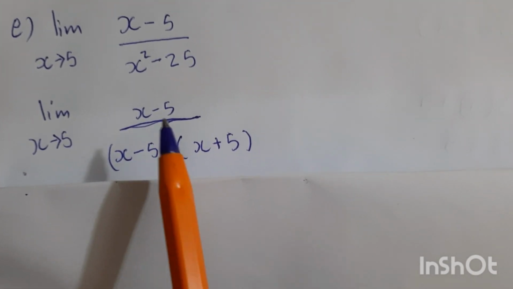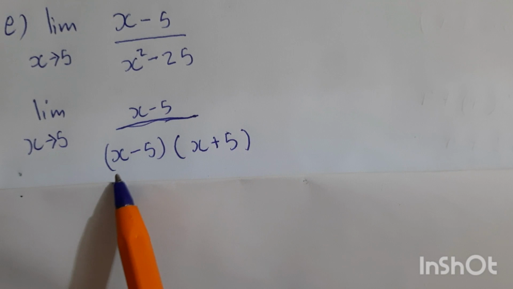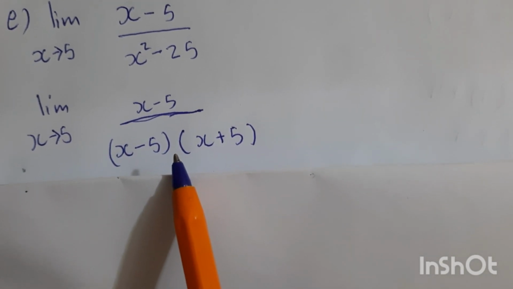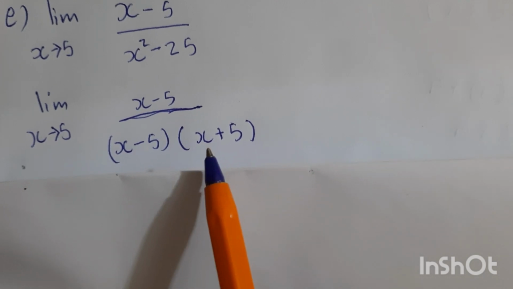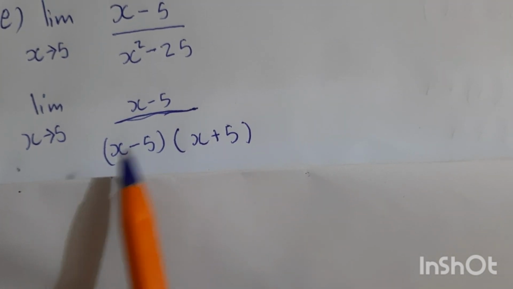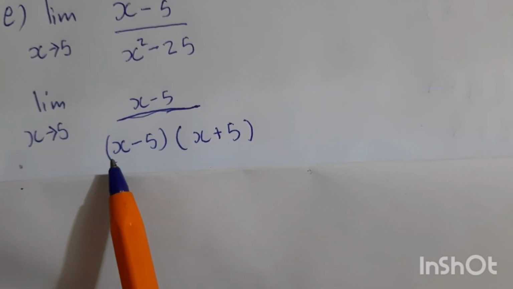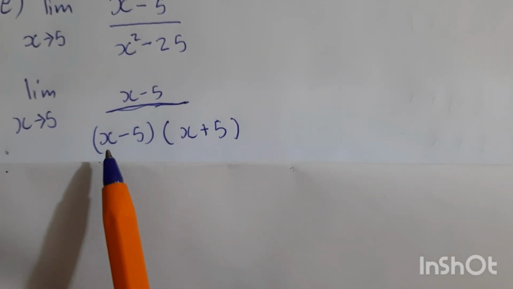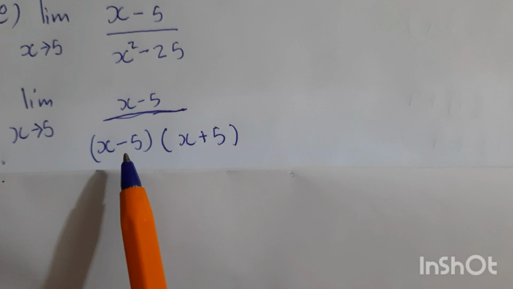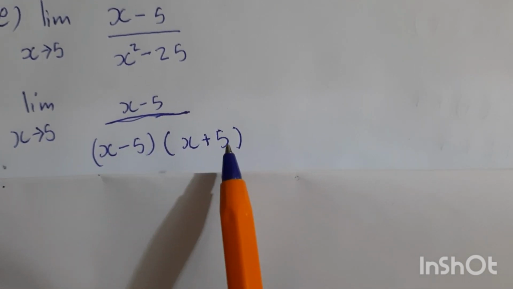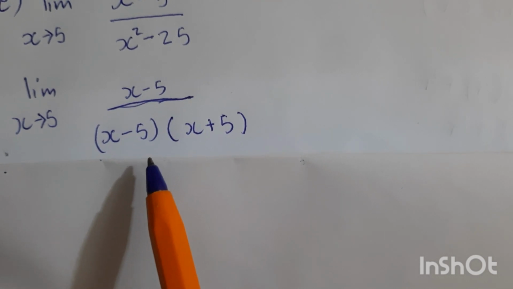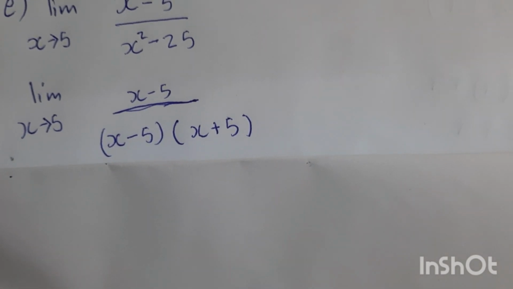So we're going to end up with this x minus 5 over x minus 5 multiplied here by x plus 5. And if you multiply these outwards, it will still take you back to this. So this is the factorized version of x squared minus 25.